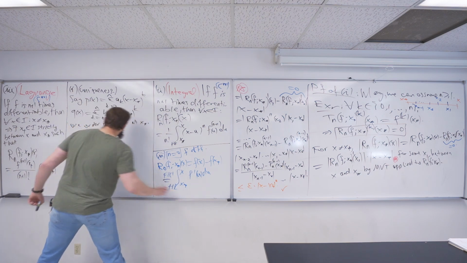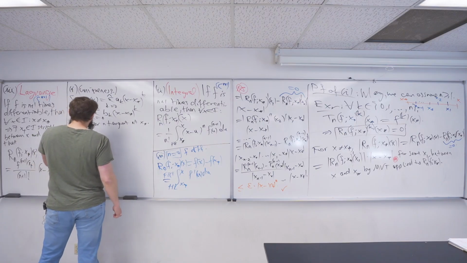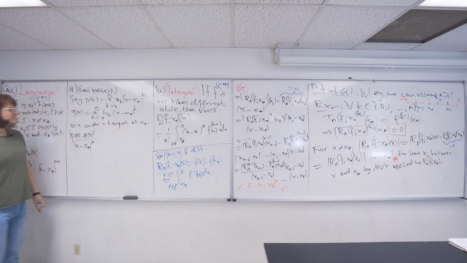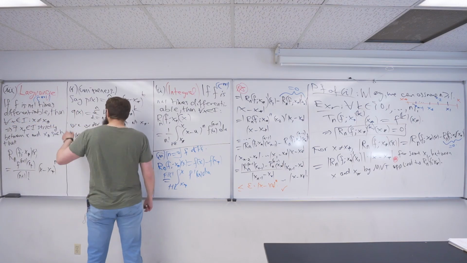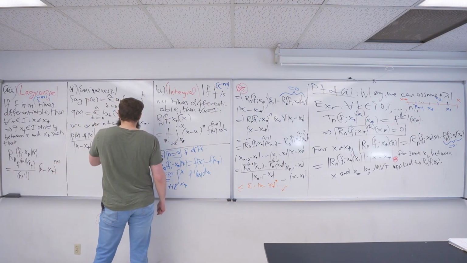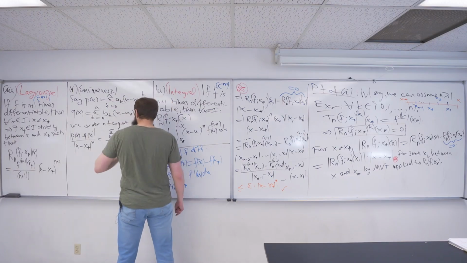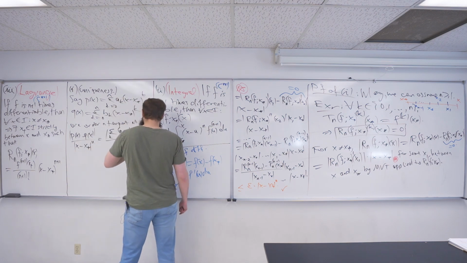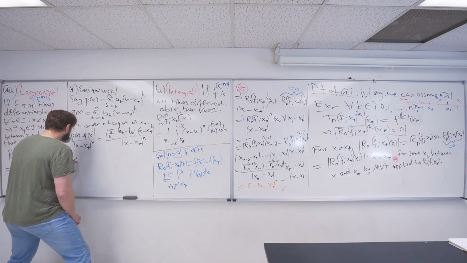I'll write it like this. That's the expression I want to go to 0, or I'm assuming that it goes to 0. But then when you reorganize this, you get this. The triangle inequality allows me to put the absolute values inside.